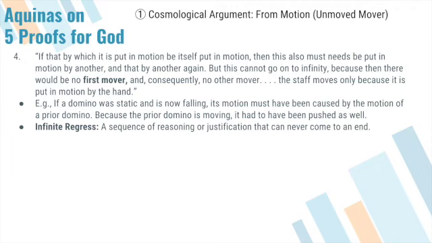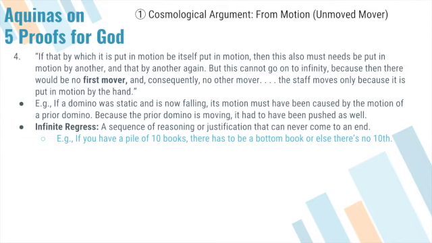When you ask, why is there something rather than nothing, you cannot postulate an infinite regress because that is just a logical fallacy. For example, if you have a pile of 10 books, there has to be a bottom book, or else there's no 10th book, right? You think of a pile of books, or even apples in a row.